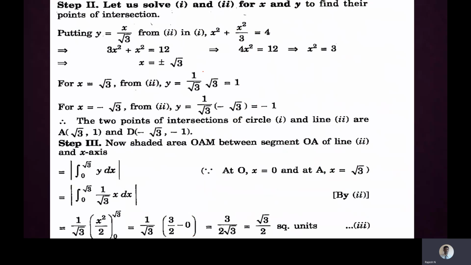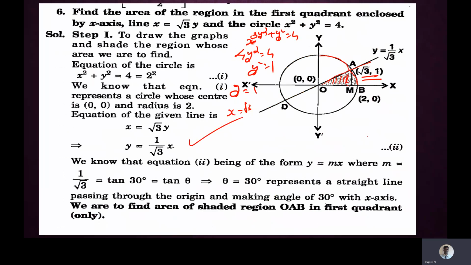Now you have to find the area. The shaded area is the area under the curve, this portion under the line. The x-coordinate of this point is root 3.